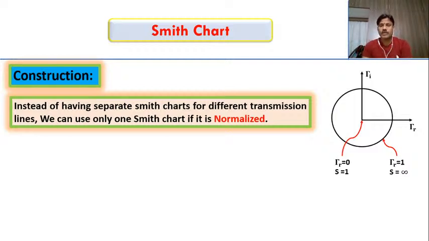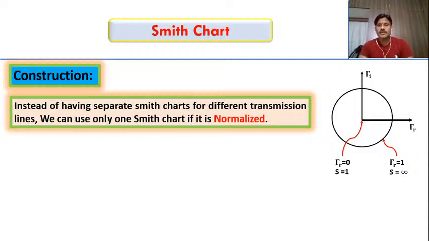Whatever the range of value of the load or input impedance, and whatever the length of the transmission line between the source and destination, whether it is lambda by 4, half wavelength lambda by 2, or 10 lambda or 20 lambda, if you normalize, then that single normalized chart is enough to solve any number of transmission line problems.